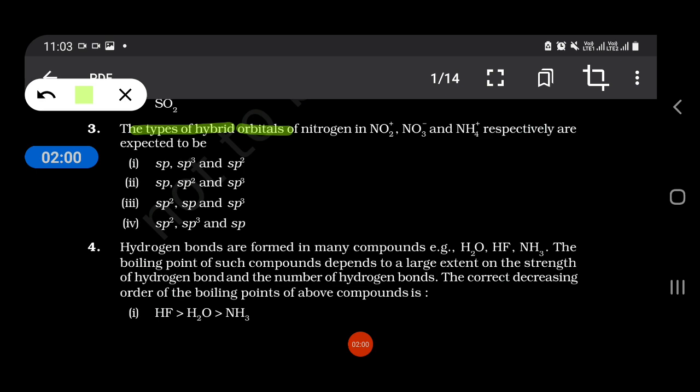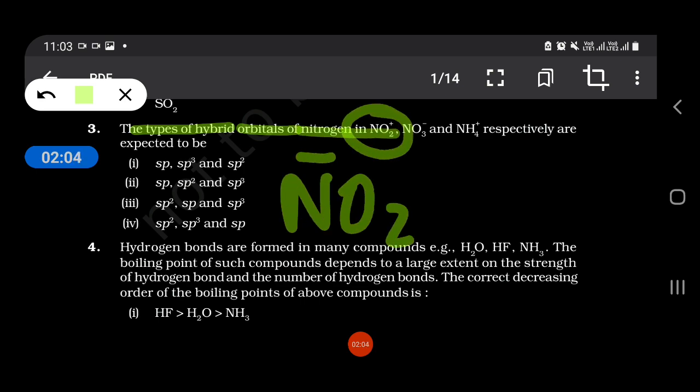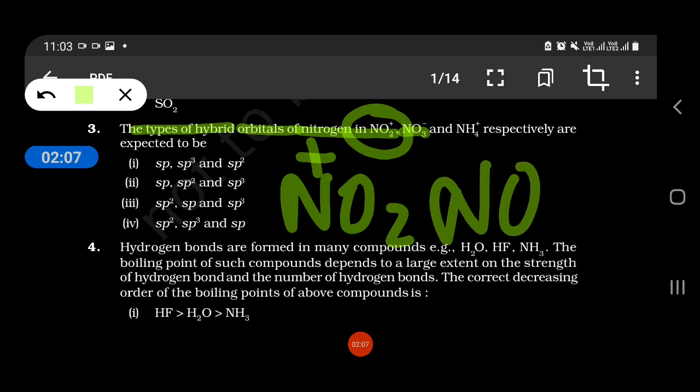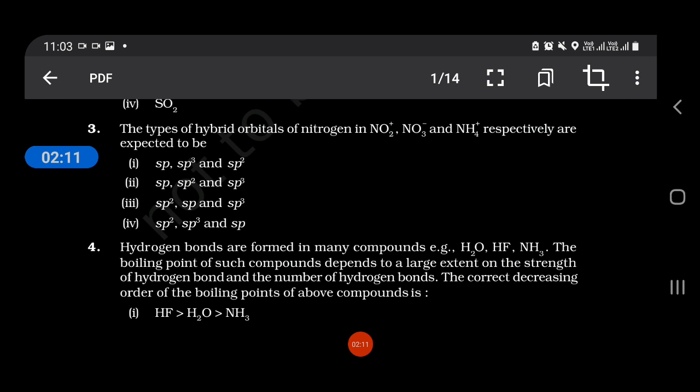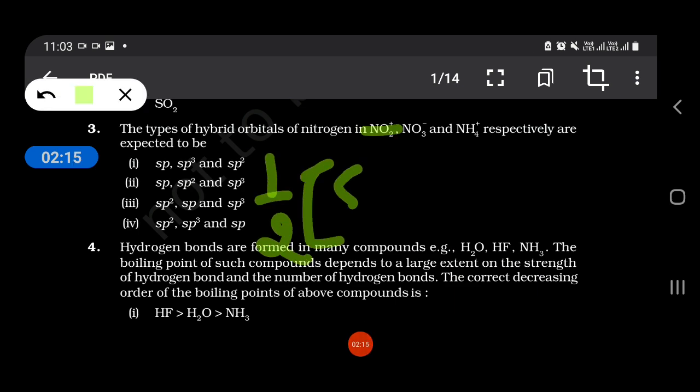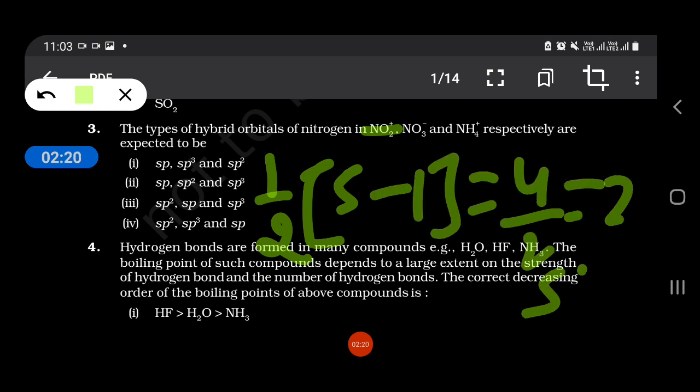The type of hybrid orbitals of nitrogen in NO2 plus, NO3 minus and NH4 plus. So let's find it. In NO2 plus, half of 5 minus 1, that is 4 upon 2, that is 2, that is sp.